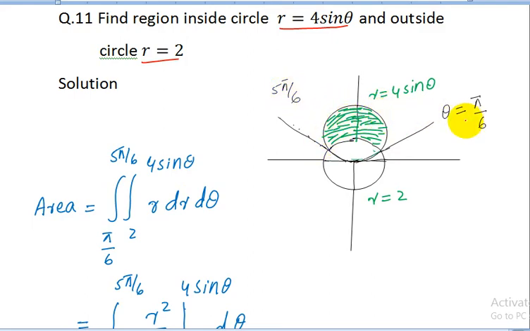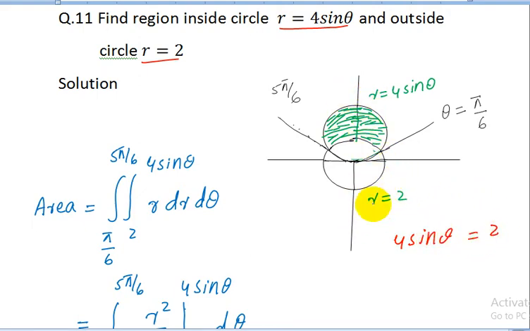How do we find this theta? These two rays are the intersection of the given two curves. So by equating the two values of r, 4 sine theta is equal to 2.